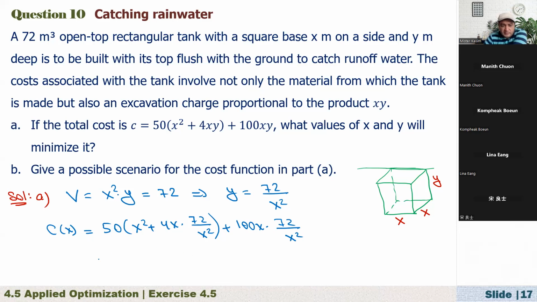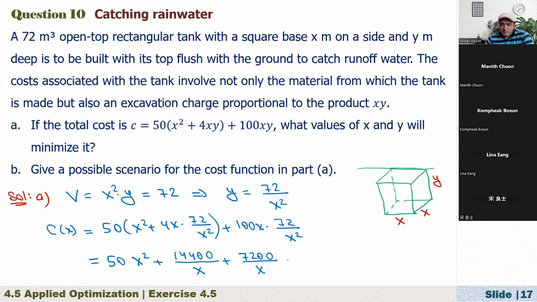Now, if we simplify this, here we have 50x squared, plus, let me just calculate it: 50 times 4 is 200, and 200 times 72 is 14400 over x, plus, and again the x's cancel each other, 7200 over x.